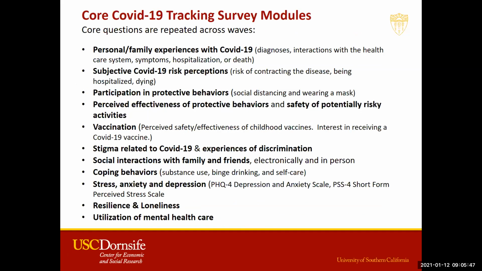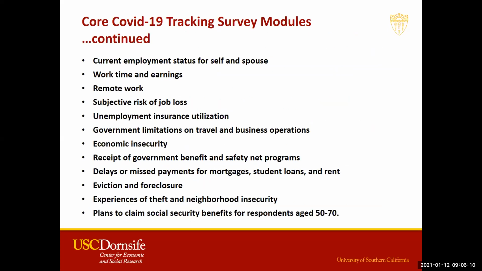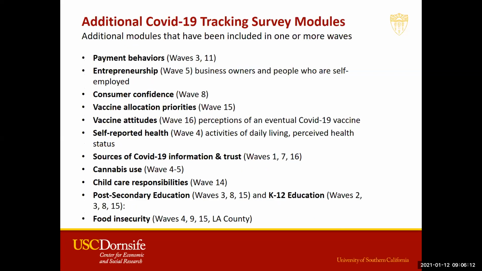And on the next few slides, we have a list of the topics asked about in the COVID surveys. There are some core modules we ask in every wave, such as any experience respondents or their families have had with COVID-19. And the other core COVID survey topics are listed on this slide, as well as on this next slide. And then there are also many topics asked in a subset of waves or in a single wave alone.